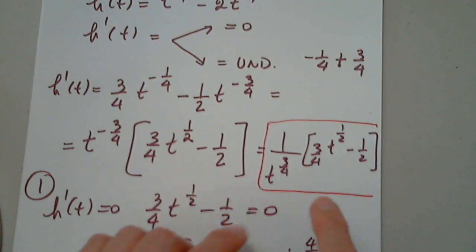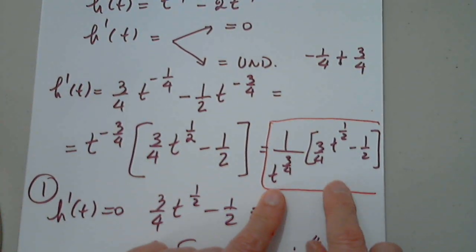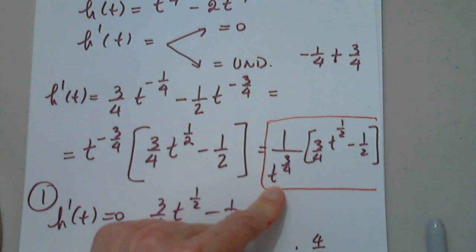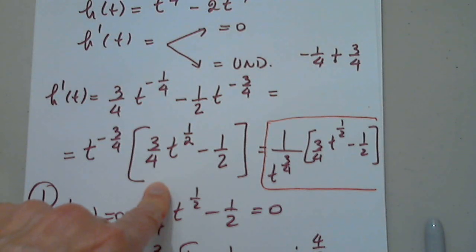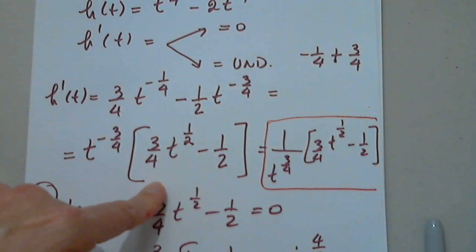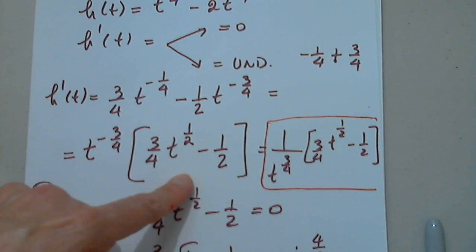So here's the derivative. I will put it in the graphing calculator. I go back to y equals. That one can stay. So I will put it in as t to power negative 3/4, and then in parentheses, 3 over 4 times the square root of t.